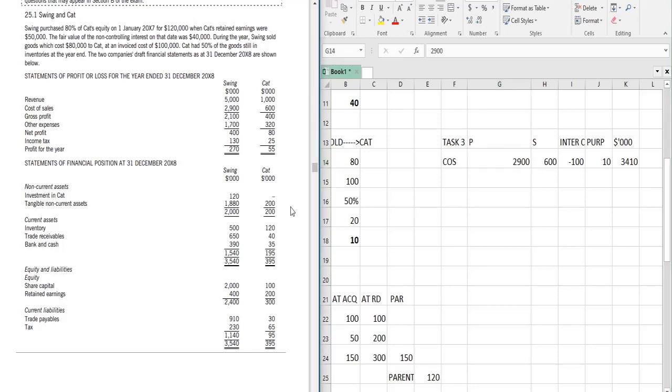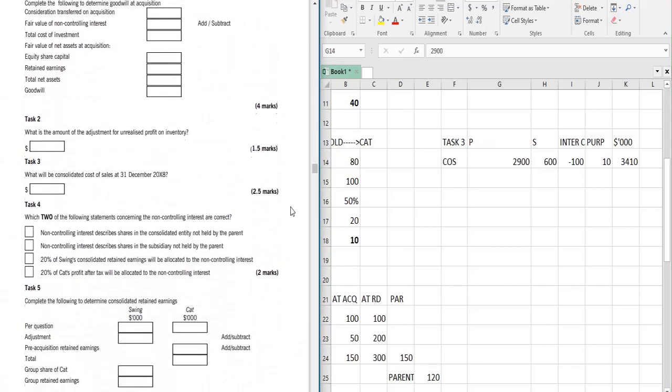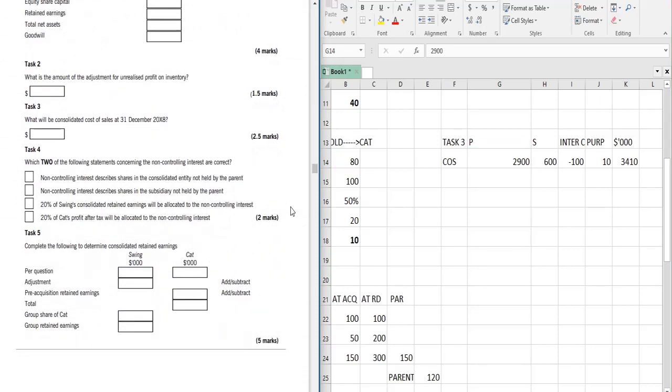Next, we have gone up to 3. Okay, 4. Which two of the following statements concerning the non-controlling interest are correct?